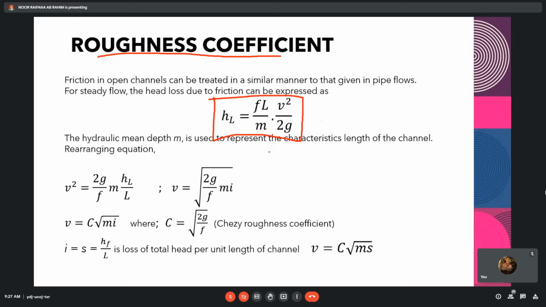So the roughness coefficient will depend on the Manning's and Chezy. Manning's ni adalah roughness coefficient bergantung dekat materials of the channel. So untuk dapatkan roughness coefficient using Chezy, inilah equation dia. V equal to C square root MS, where M is the hydraulic mean depth tadi and S is the slope. M equal to A over P.